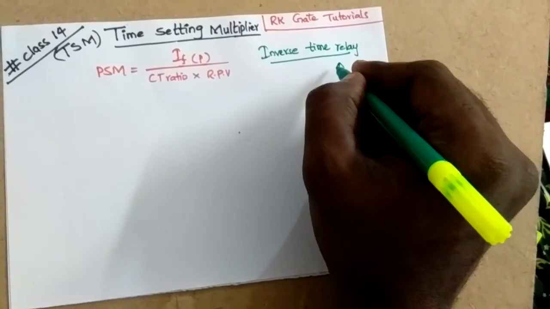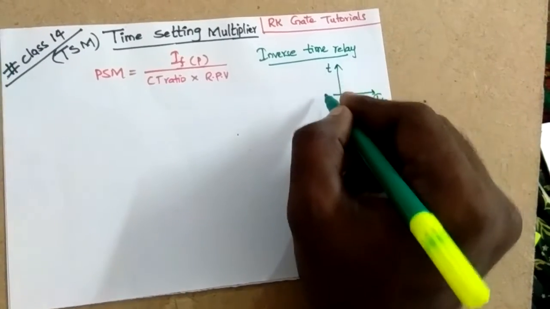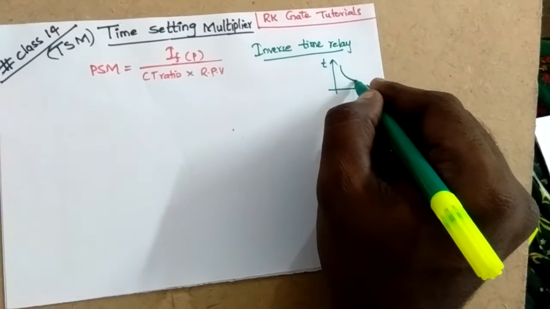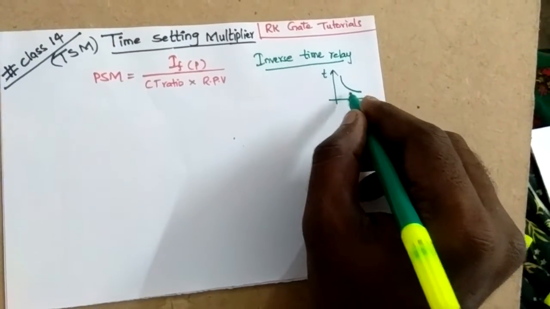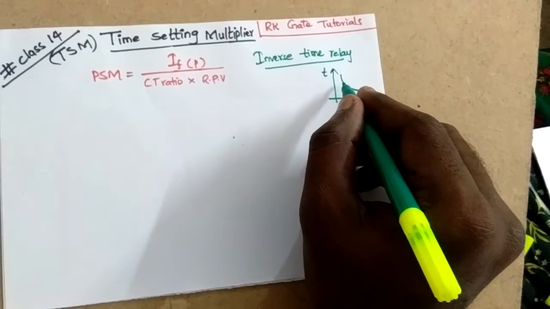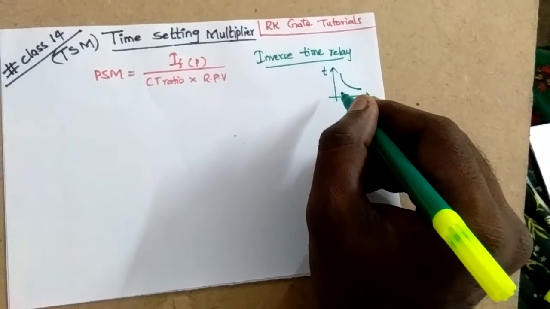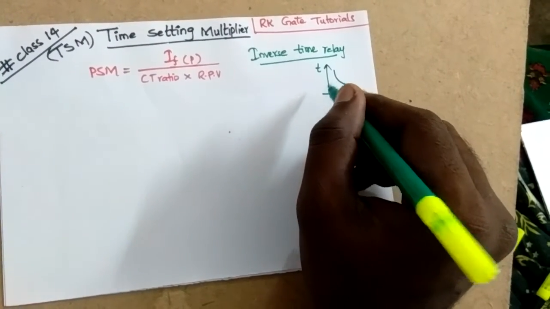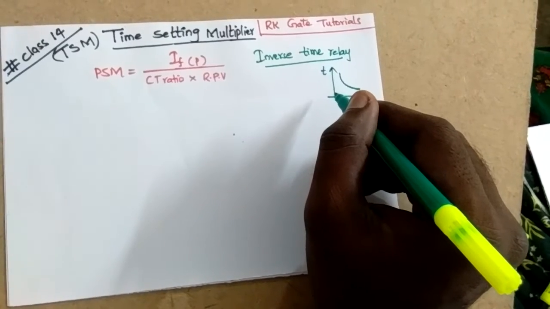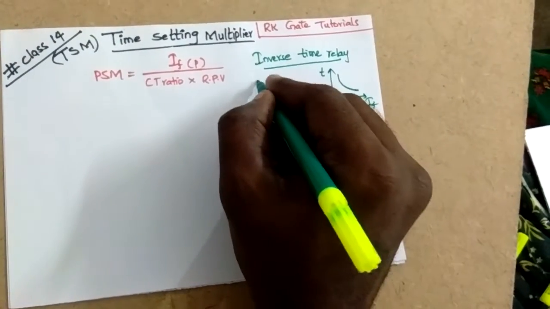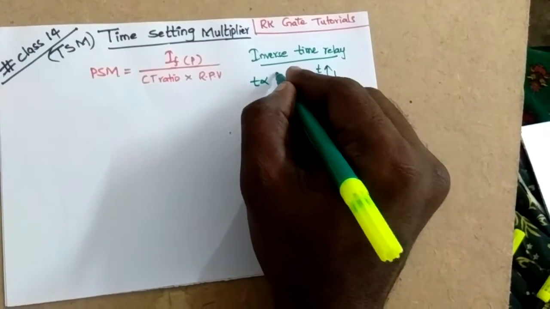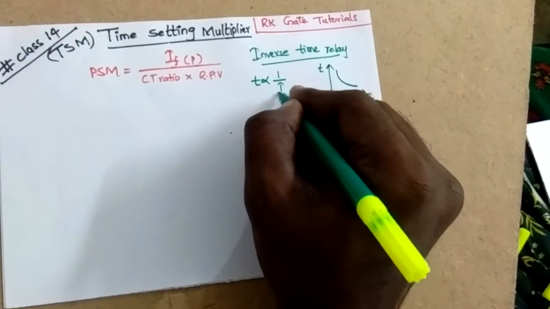Here is the fault current and here is the time of operation. It was inverse: as the fault current increases, the time of operation decreases, and vice versa. So the time of operation is inversely proportional to the fault current magnitude.